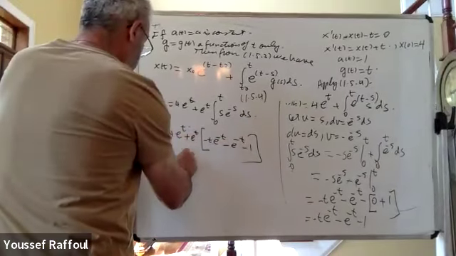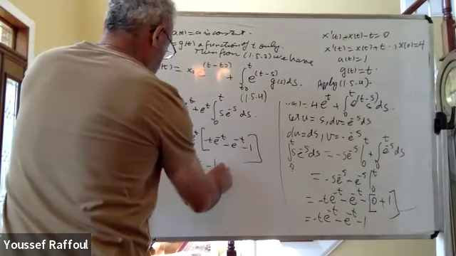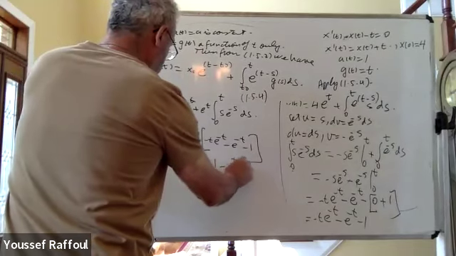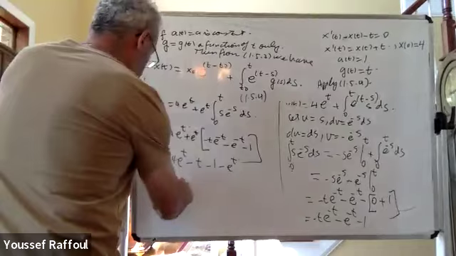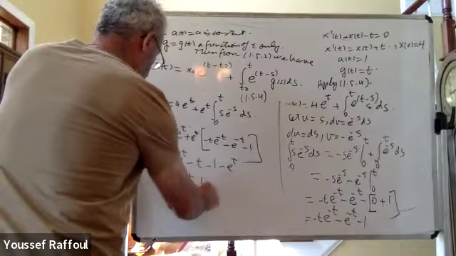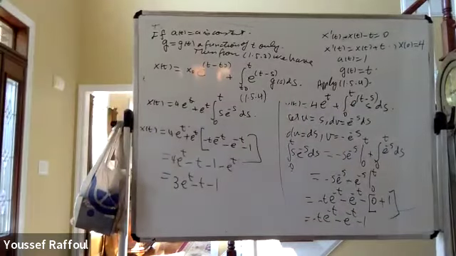This is 4 e to the t minus t minus 1 minus e to the t. And that is 3 e to the t minus t minus 1. Okay? Let's see.